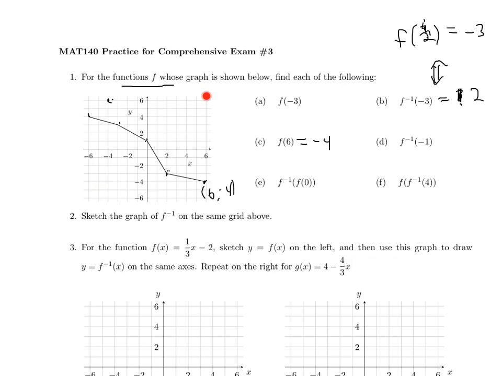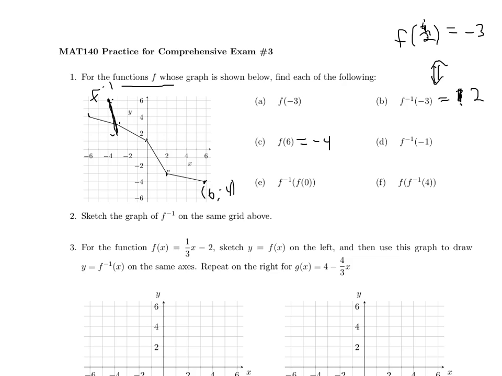The point (2, -3), when you switch it, becomes (-3, 2), so that's here. This part of my f inverse graph corresponds to this part of f.